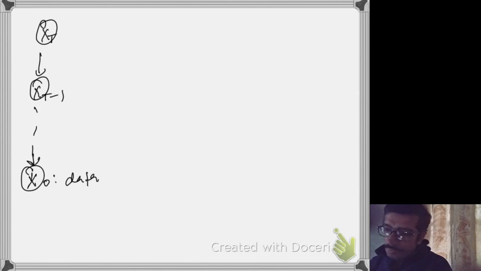Now the typical convention in variational diffusion models is that we stop using the variable z and start using the variable x. So here we have a chain of variables x_T, x_{T-1} up to x_0, and x_0 is my data. These are all the latent variables.